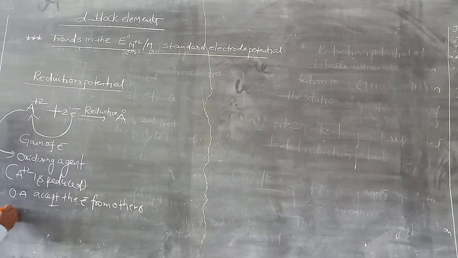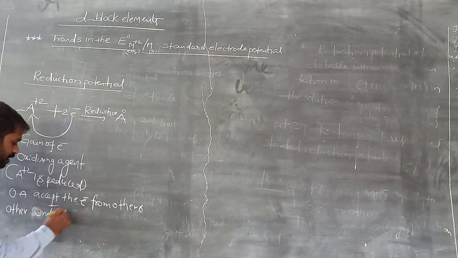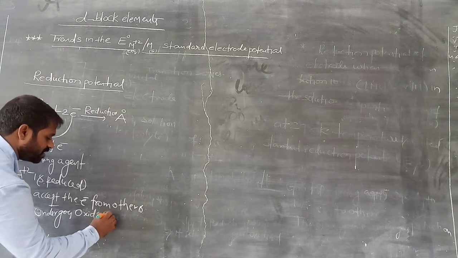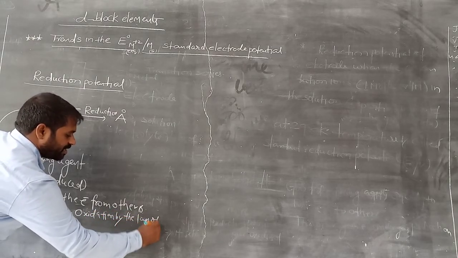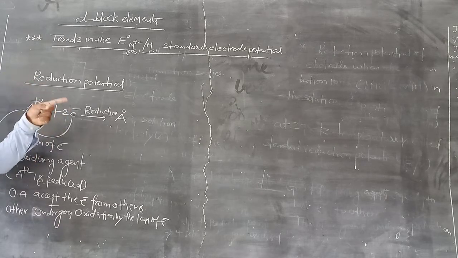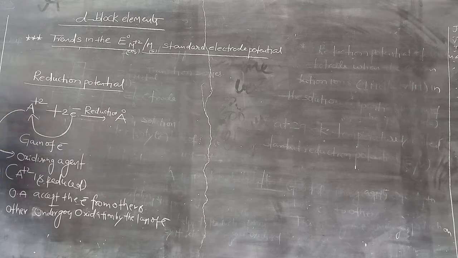So then the other substance undergoes oxidation by the loss of electrons. How does the other substance undergo oxidation? This one gains the electrons from the other, then the other substance undergoes oxidation, not this one. Does the other substance undergo oxidation or not?